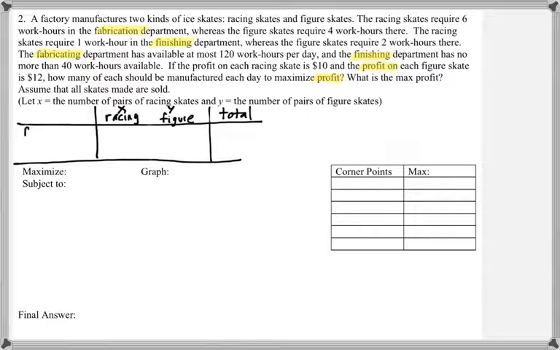So fabricating for racing skates is 6 work hours, and for figure skates is 4 work hours.